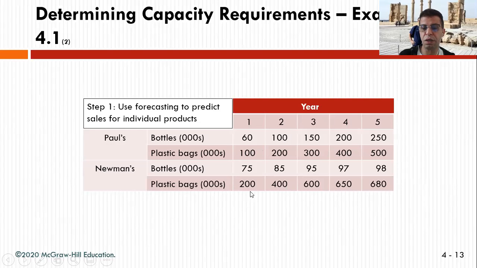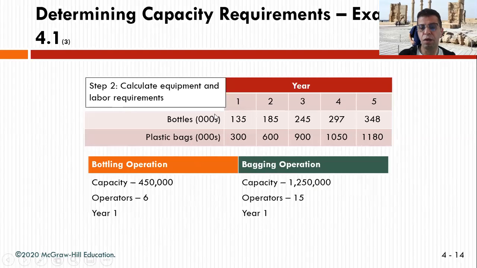And for the bags, plastic bags, 100 plus 200 is 300. So it's clear that in the first year we need 135,000 bottles to be produced and 300,000 plastic bags. So for the capacity, the bottling operation operates with 6 operators in year 1, and the bagging operation operates with 15 operators in year 1.